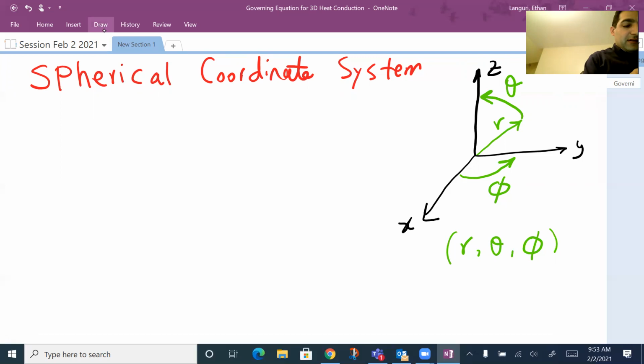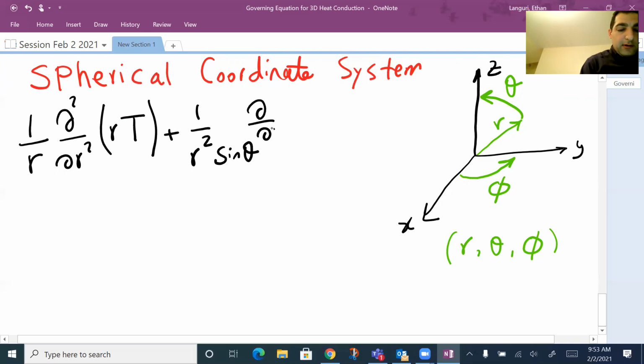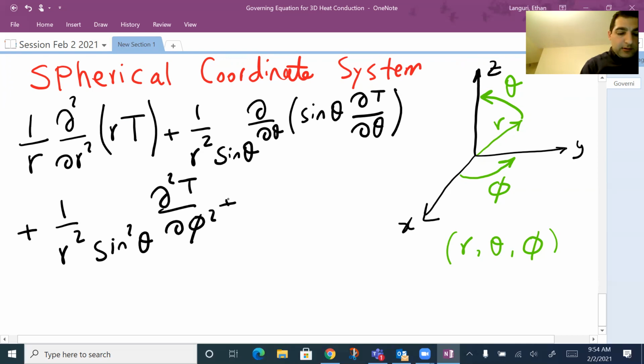So in a spherical coordinate system, our governing equation would be 1 over r squared del over del r of r squared k del T over del r, plus 1 over r squared sine theta del over del theta of k sine theta del T over del theta, plus 1 over r squared sine squared theta del squared T over del phi squared, plus my heat generation term, is equal to 1 over alpha del T over del tau.